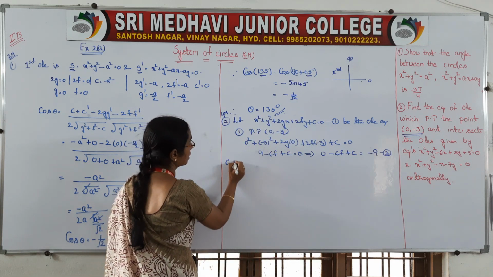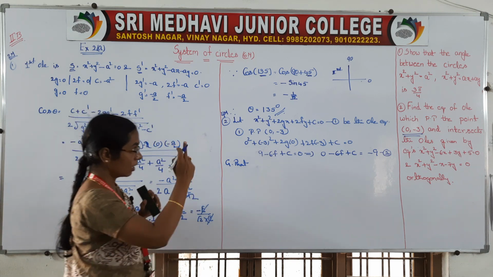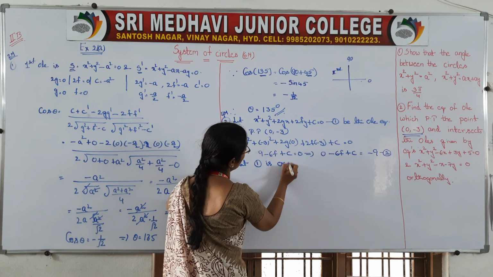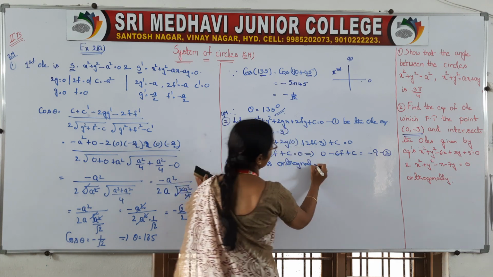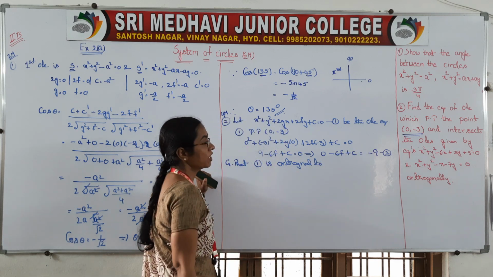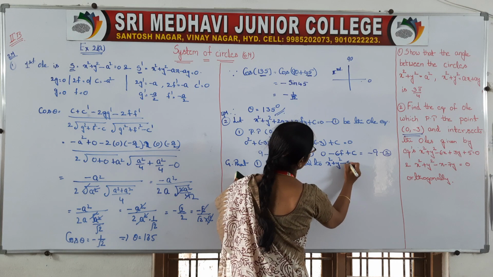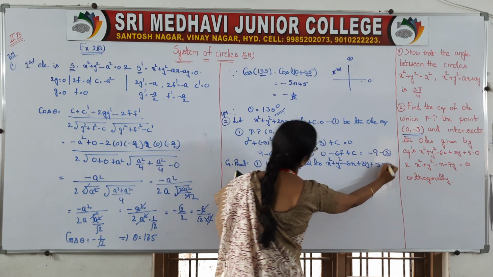And given that it is orthogonal to which circle? The circle equation is given to us. It is x square plus y square minus 6x plus 3y plus 5 is equal to 0.